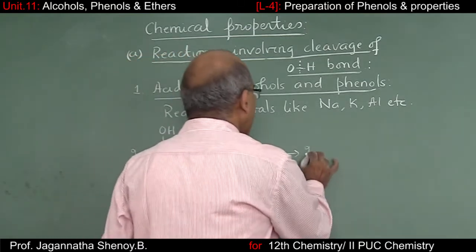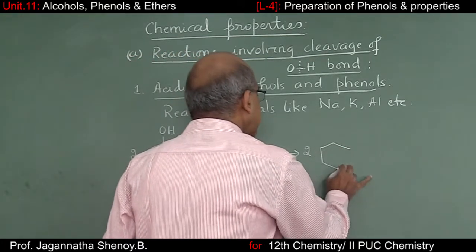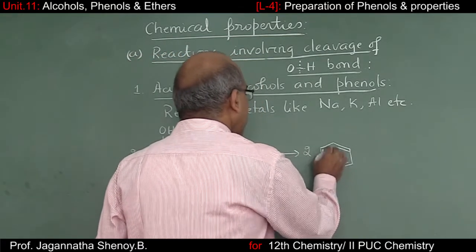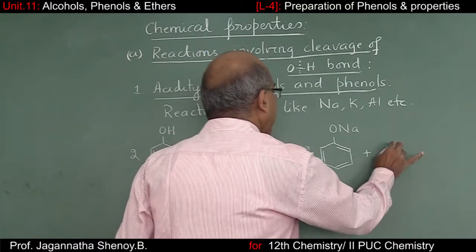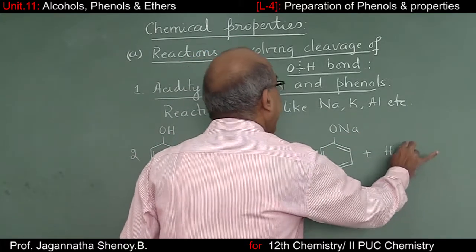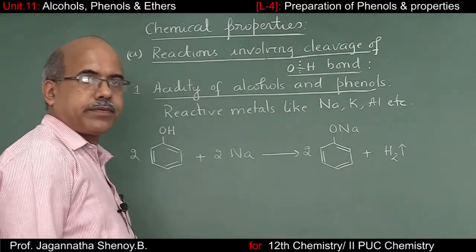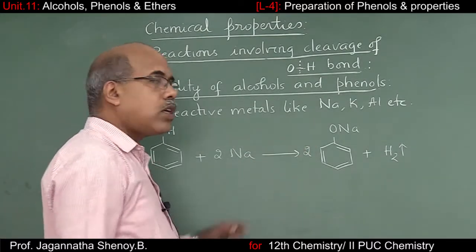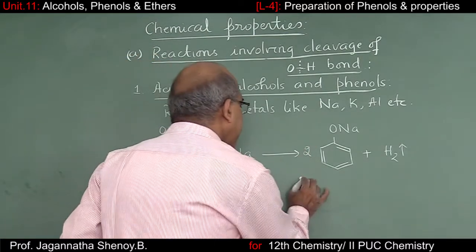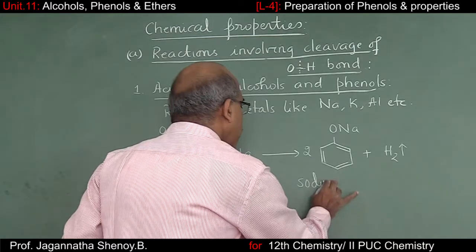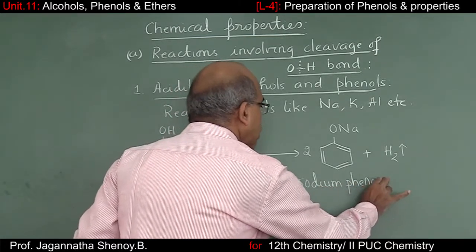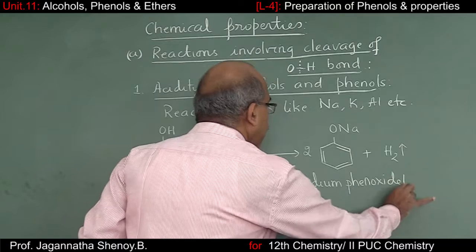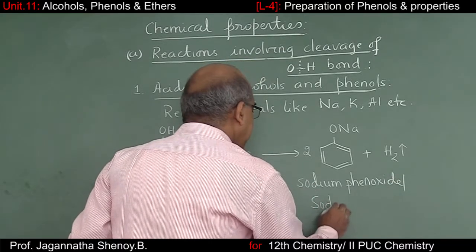So we get 2 moles of the sodium salt of phenol, which is called sodium phenoxide. Along with that, hydrogen gas is formed. So the salt of phenol with sodium is called sodium phenoxide. Sometimes we also call it sodium phenate.